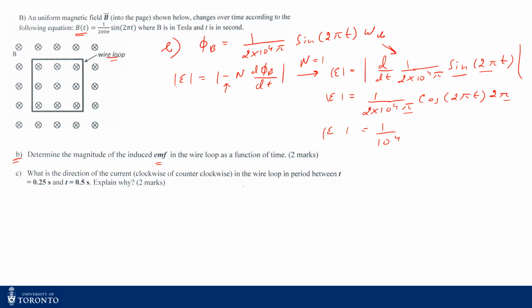So basically you see my flux varies sinusoidally, but my induced EMF varies in a cosine manner, right?